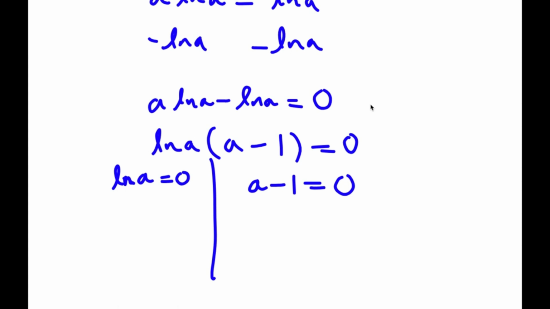For a minus 1 equals 0, all I have to do is add 1 on both sides, and I get a is equal to 1.